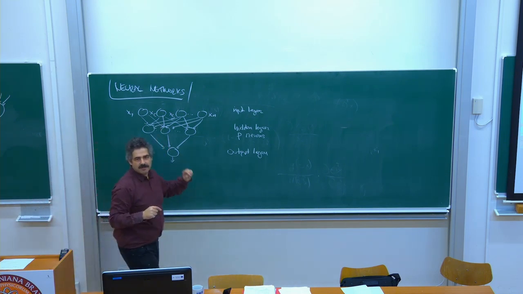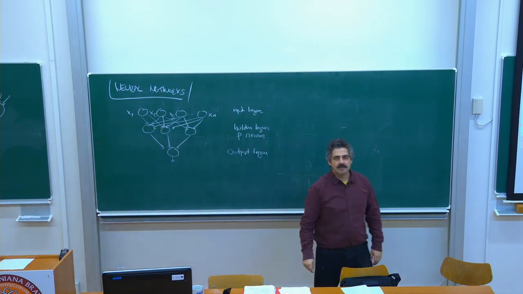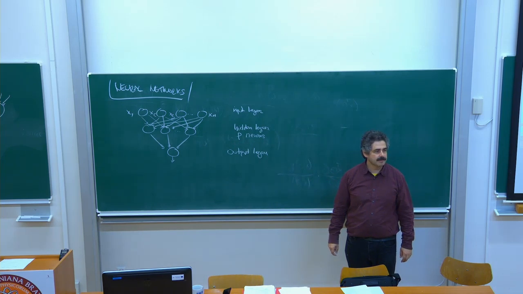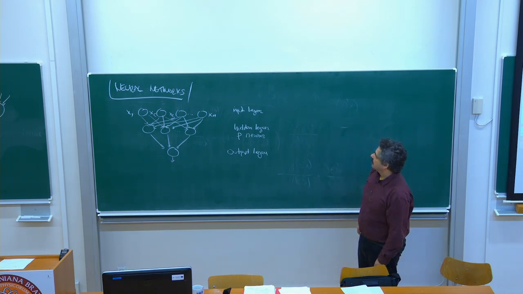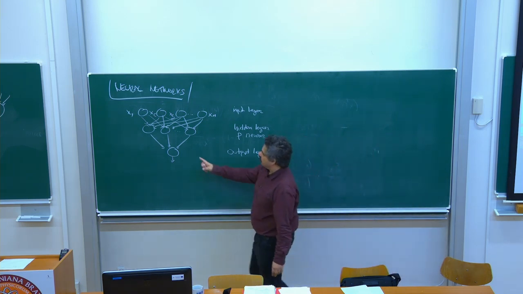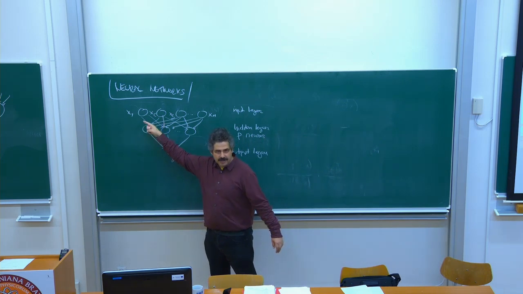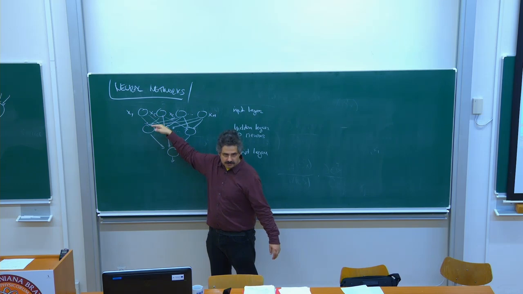So what are the parameters here? Weights on the edges between the individual logistic regressions. Yes, so for each of these neurons we have to have weights, because this is a linear combination of the inputs.